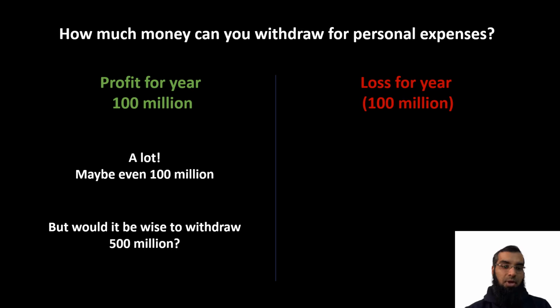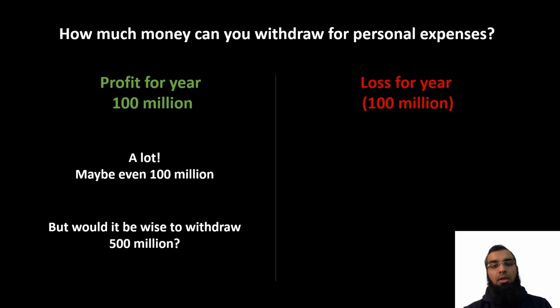But again, is it wise to withdraw 500 million? No, of course not. We have earned only 100 million. It would not be right to withdraw 500 million from the business. So calculating profit has told us whether we can withdraw any money for personal use, and if so, how much we can withdraw.